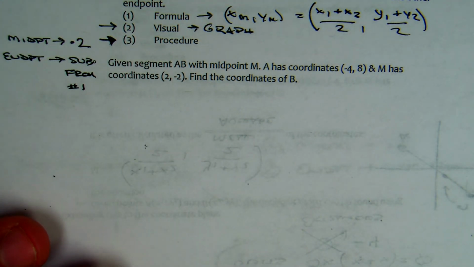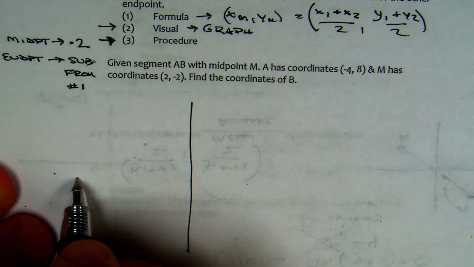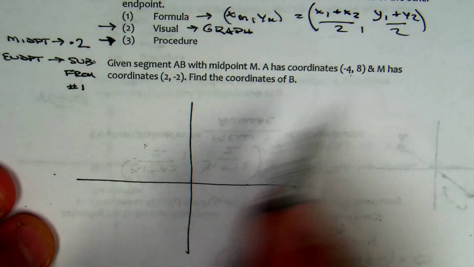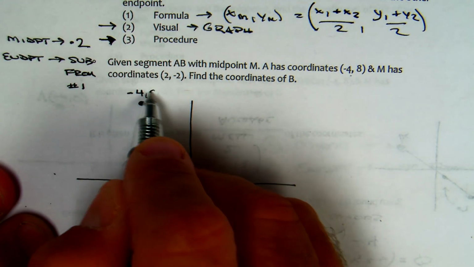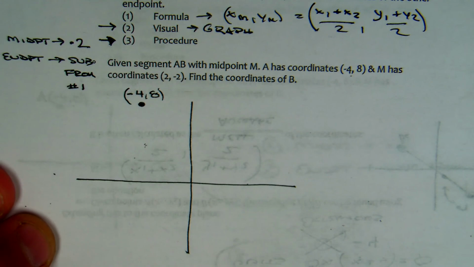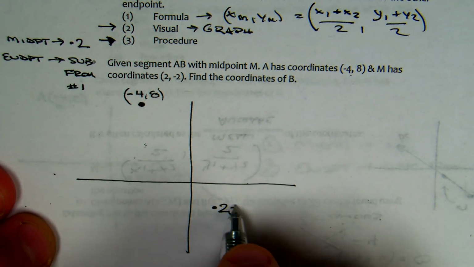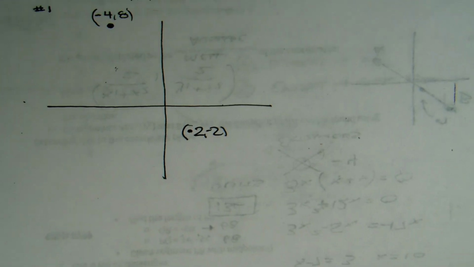Given segment AB with midpoint M, A has coordinates (-4, 8), and M has coordinates (2, -2). Find the coordinates of B. So A has coordinates (-4, 8), so I just get an idea of where that is. And M, the midpoint, is at (2, -2). We're just going to take the idea of the number line, which we talked about earlier, and go from there.